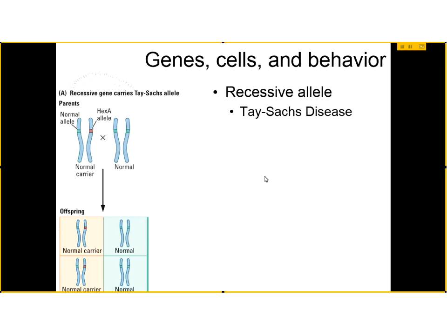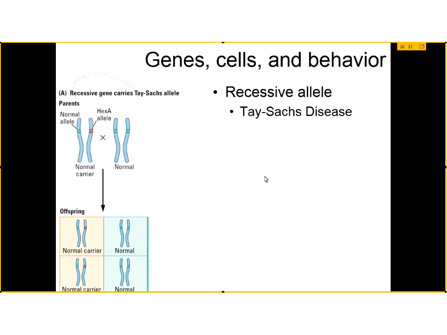Tay-Sachs disease involves a dysfunctional protein, and it fails to break down lipids, fats, within the central nervous system. This usually is observed very early in the development of a child. So almost from birth, you'll start to see some seizures in the child.